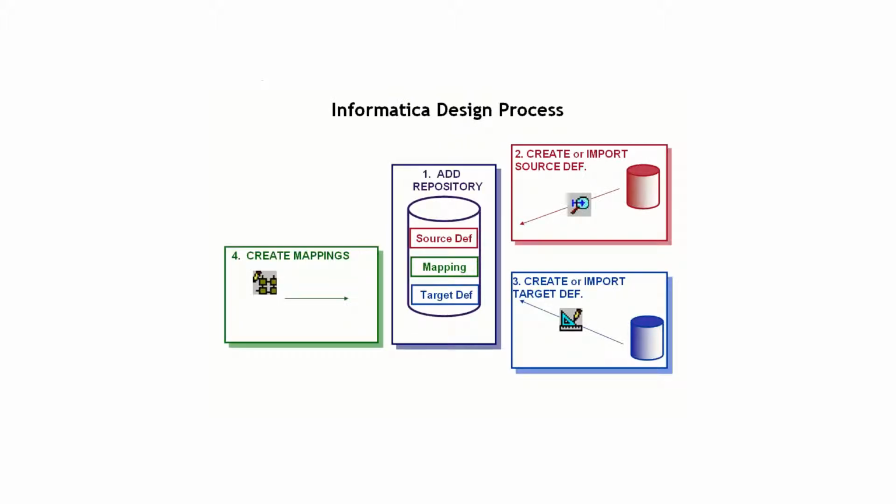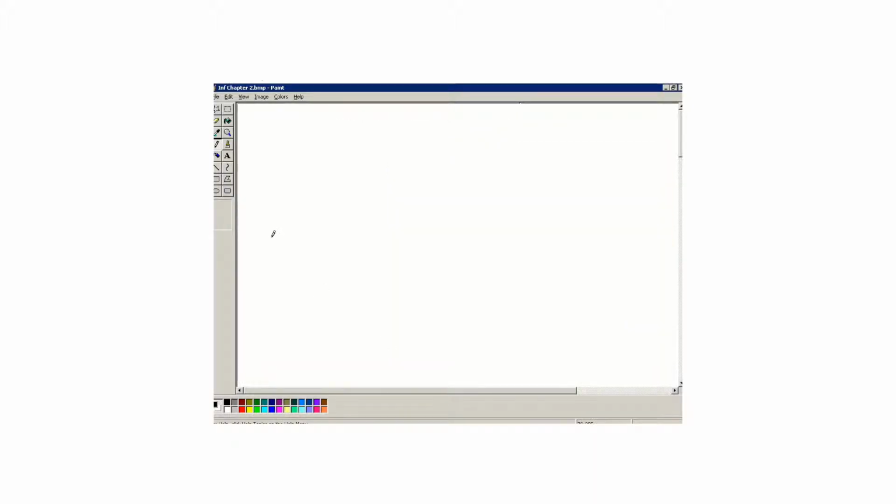Now, let us come to the design process of Informatica. Before we go to the design process, let me discuss the execution of the Informatica tool, the Informatica product. We have two servers.